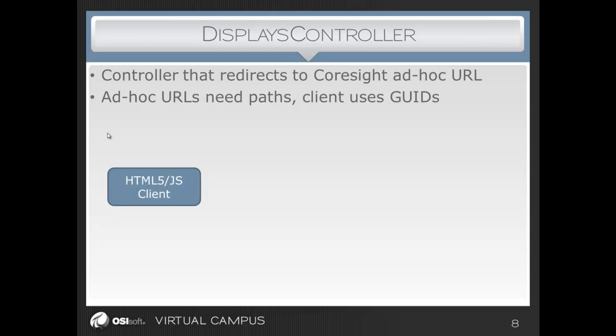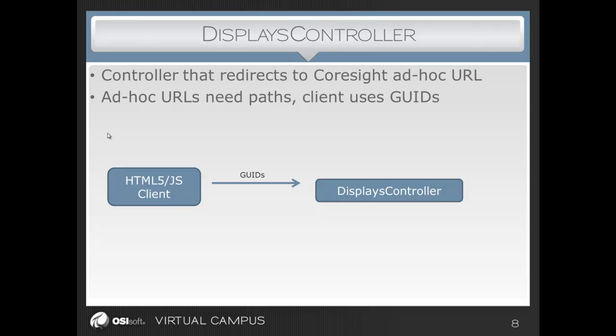So to give a quick overview, whenever the client does a window.open of a URL to that particular displays controller, it has parameters in it that have the GUIDs for the elements you want to visualize in the PyCore site.